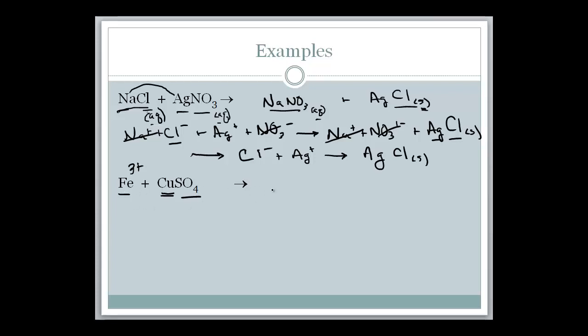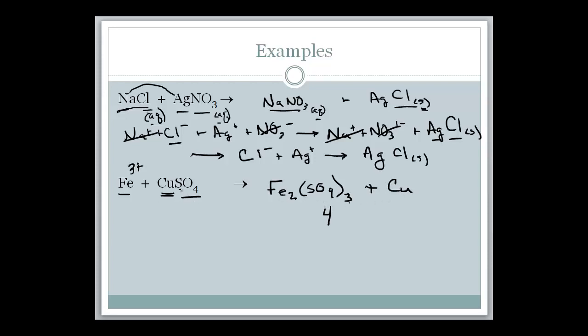So iron replaces copper, forms a compound with the sulfate. That is a 4. I have to start writing my 4s better. So the 3 goes behind the sulfate. Sulfate is 2 minus, so its subscript goes there. And then we have copper by itself.